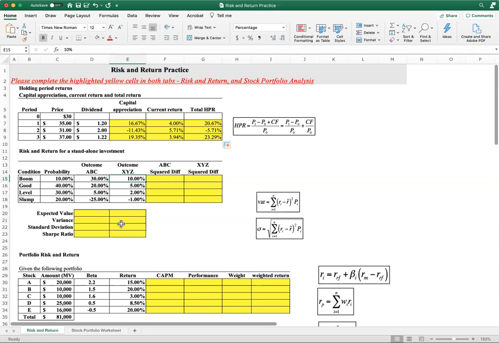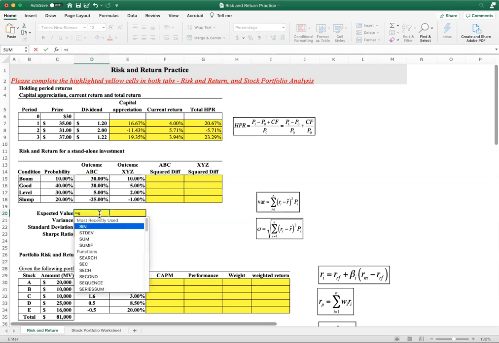So first of all, when you have what we call the possible or probable outcomes, you've got to calculate the expected value, right? What is the expected value? Again, this very important term: weighted average. So to calculate the weighted average, we use the function SUMPRODUCT, right?